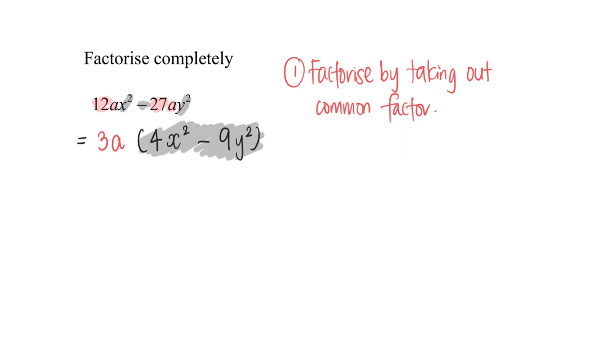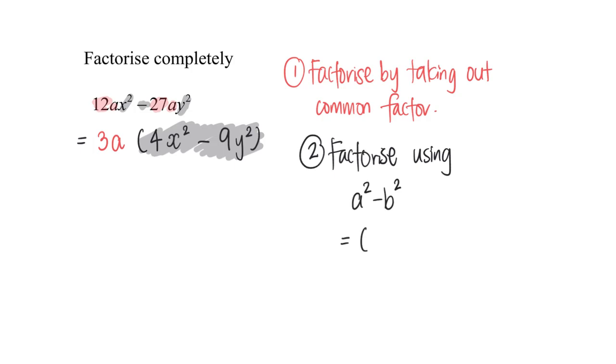I saw a square minus square, then I'm going to factorize using a square minus b square is actually equals to a plus b, a minus b.